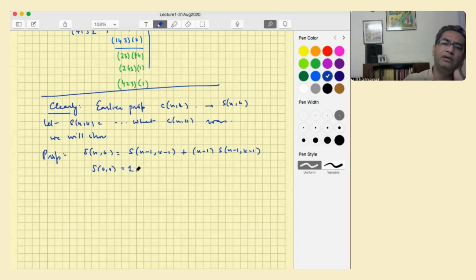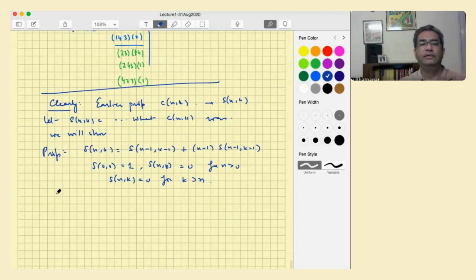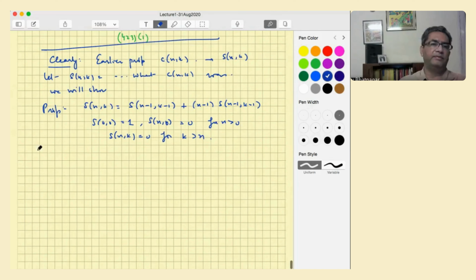S 0 0 equal to 1, S n 0 equal to 0 for n bigger than 0, and S n k equal to 0 for k bigger than n. And then as a remark, we'll say that this is the same as what you defined earlier in your input. Okay, is this clear?